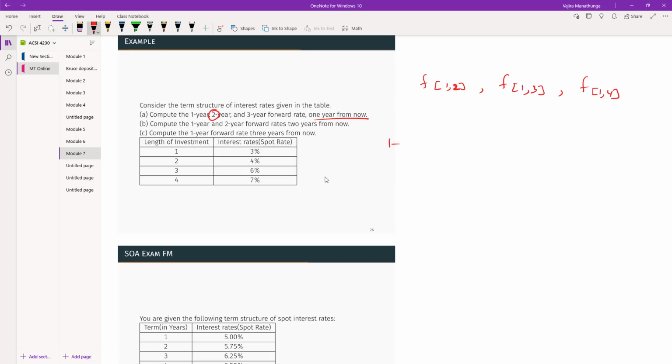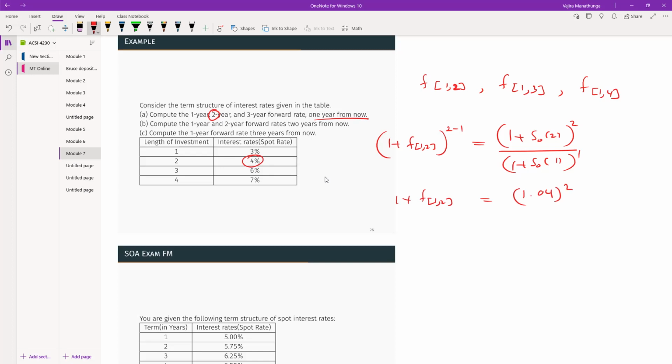So how do we calculate this? I use the formula F1,2 to the power 2 minus 1 equals 1 plus S naught 2, divided by 1 plus S naught 1. S is basically the spot rate. So this gives me the forward rate for 1 year from 1 year now. The spot rate for 2 years is 4%. The spot rate for 1 year, the current rate, is 3%.